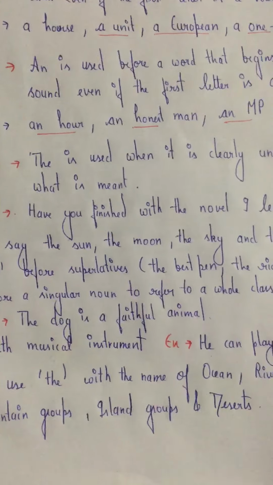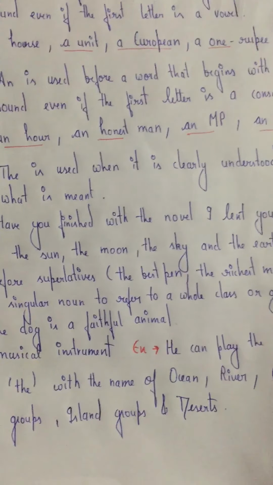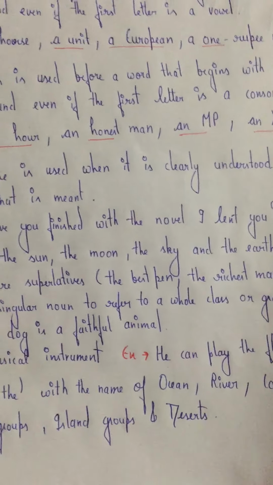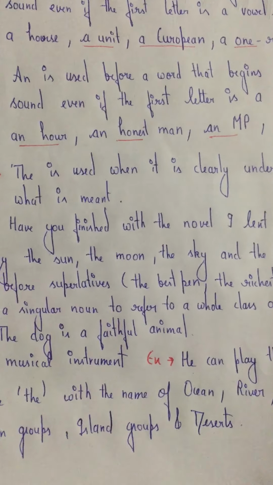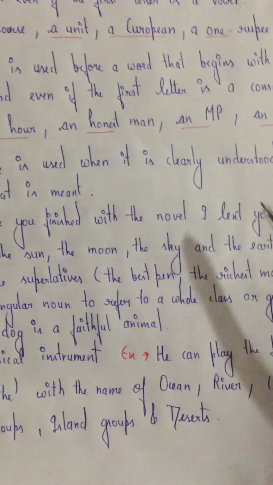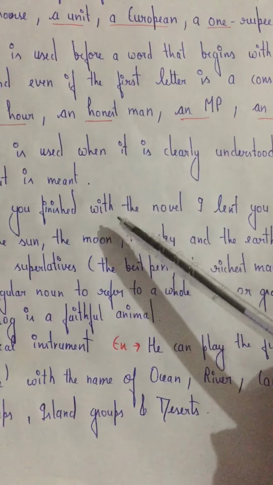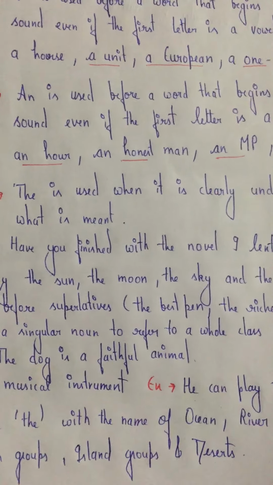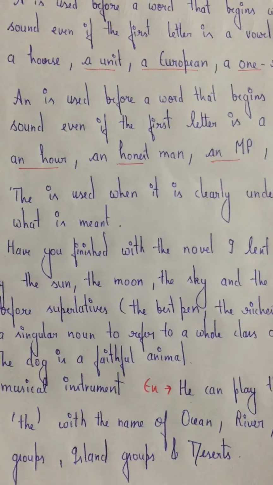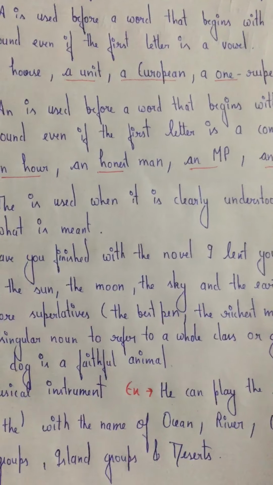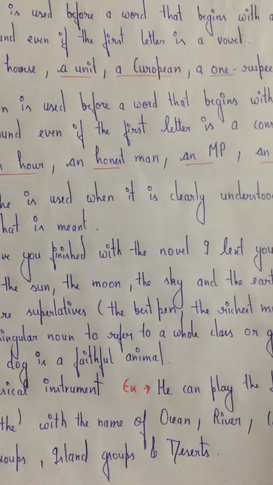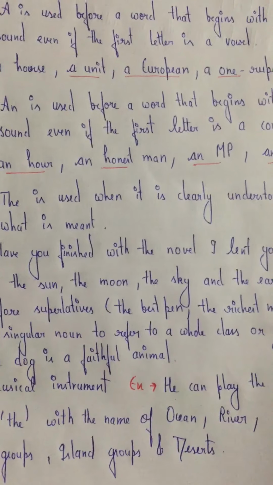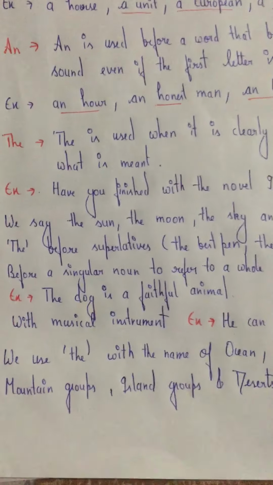Example, have you finished with the novel I lent you? Here you can see before novel what we are using: the. Why? Because in this example, he is talking about a particular novel that he has read, right? So the is used.